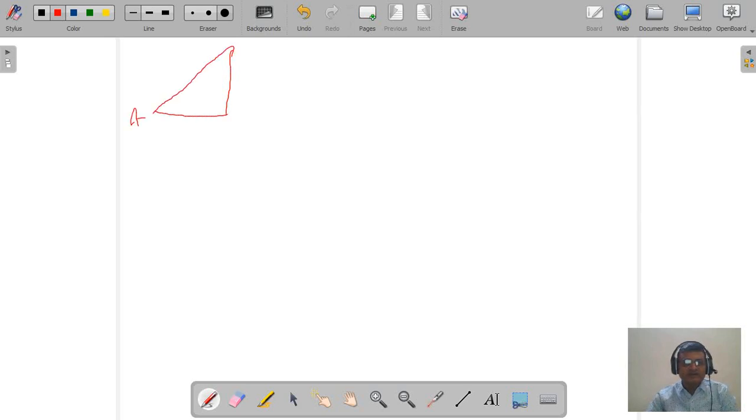Let this be A, this be B and this be C. This is perpendicular, this is base and this is hypotenuse. Sine A is equal to perpendicular upon hypotenuse. Now similarly cos A is nothing but base upon hypotenuse.